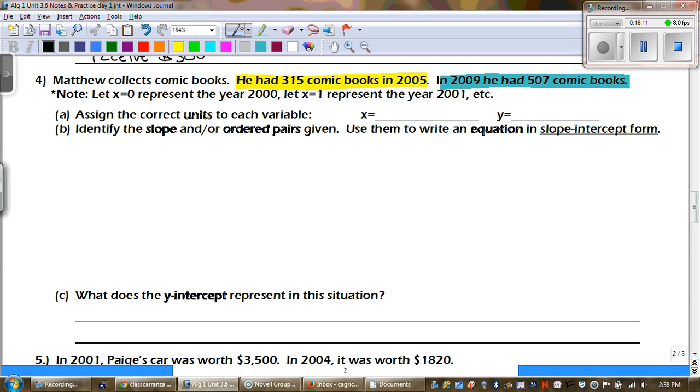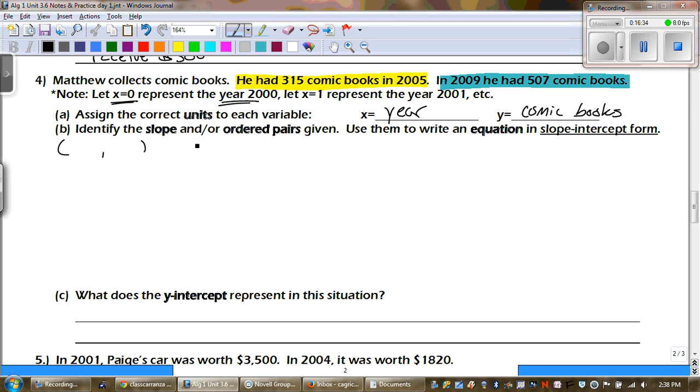So, right here, where it says let x equal the year, right away you know that x is the year, and so y is your comic books. Okay?